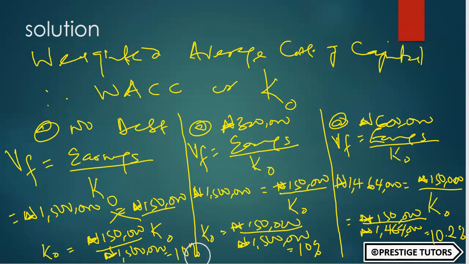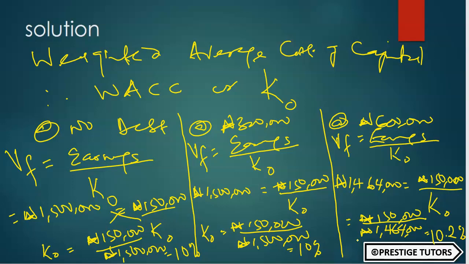So the cost of fund has now moved to 10.2% from 10%. So the more the company goes out to take more debt, the cost of fund will keep growing, which is against the plan of the organization.